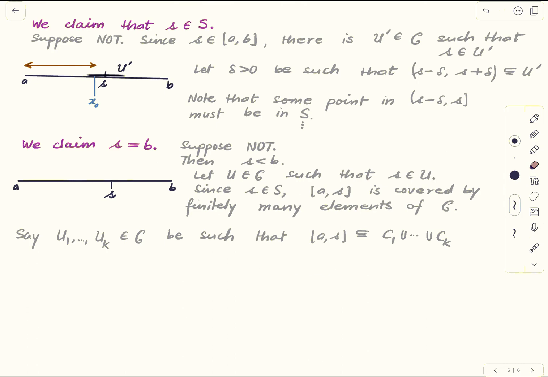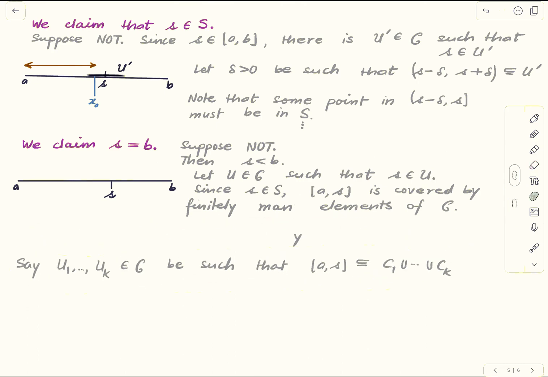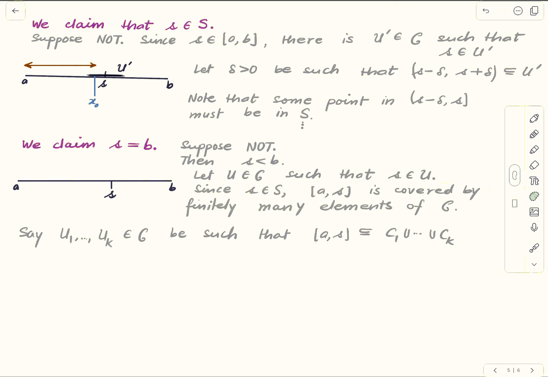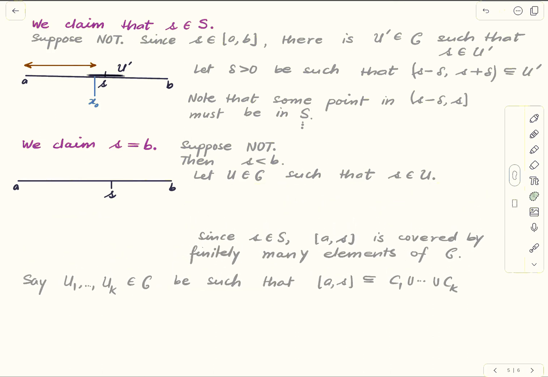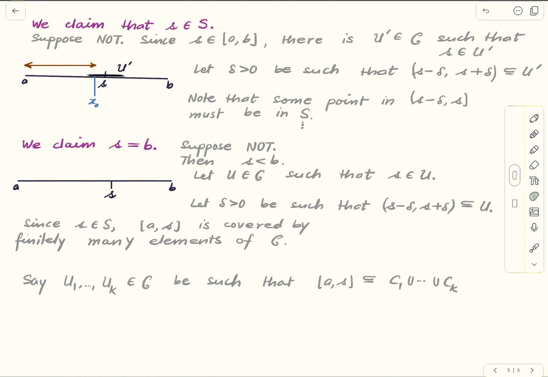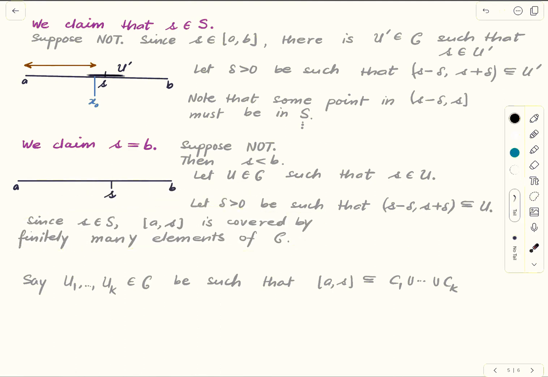Before I continue, this is fine. Again, here we will choose a delta. So let delta greater than 0 be such that this thing is contained in U. Because U is an open set, you can find such a delta. So we have that, and now since little s is in capital S, this is covered by finitely many elements of C, and therefore we get U1 up to UK.